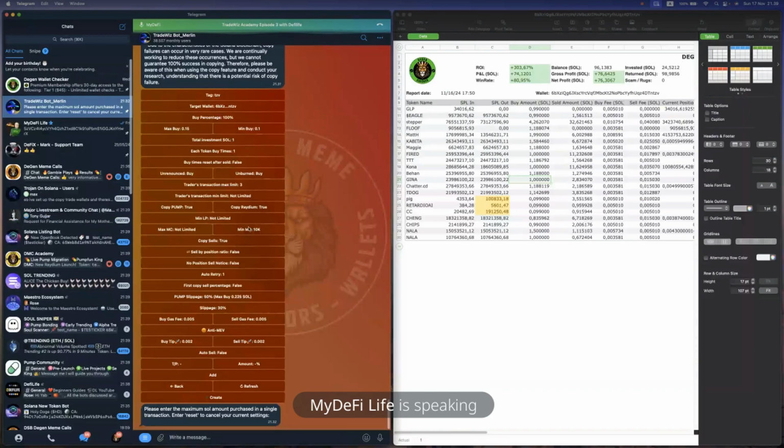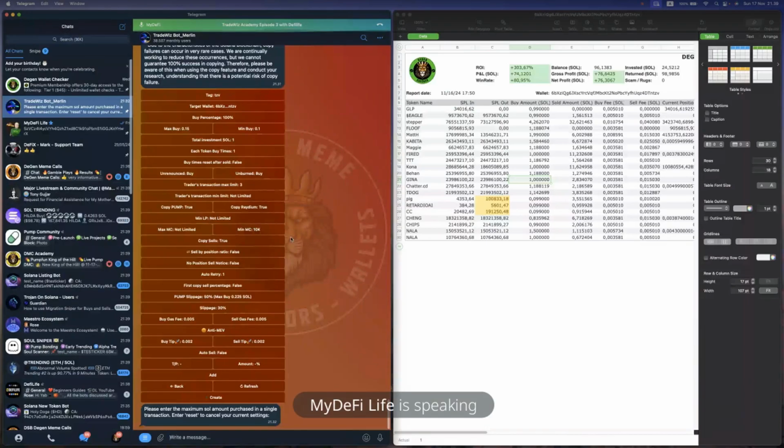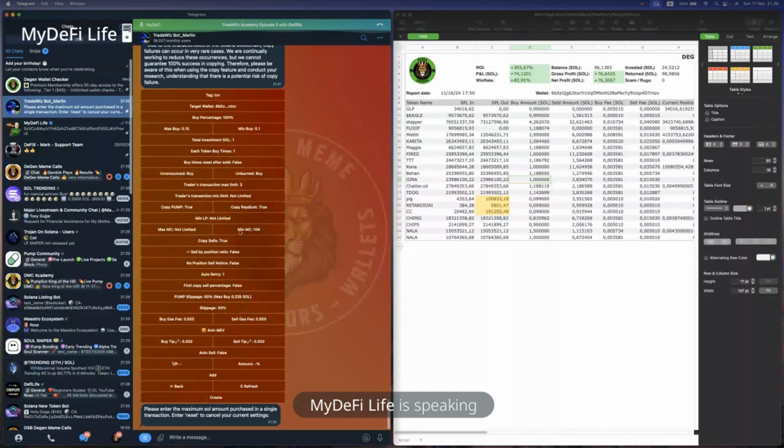So if a wallet decides to start targeting launches or really low market caps, then I'll avoid it with that minimum market cap. The max market cap, depending, obviously, if you're getting into other wallets with higher investments, then you might want to start thinking about max market cap, but I don't really worry about that too much.